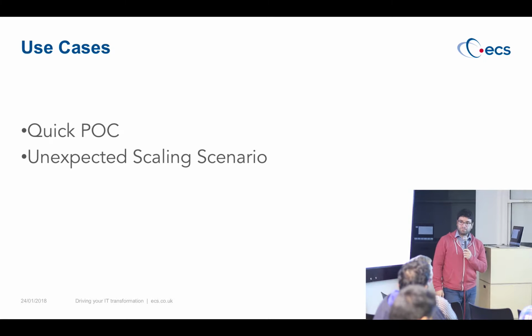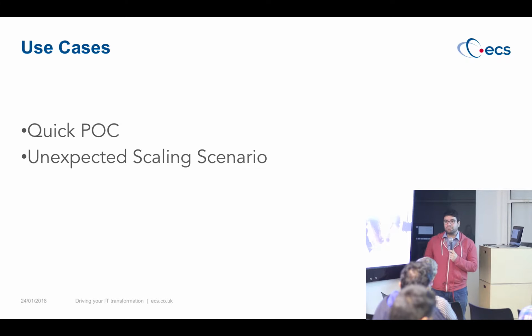Unexpected scaling scenario. This is the scenario of Monzo. The main idea of Fargate and EKS was that Monzo needed more power for the transactional engine. They really didn't know how much traffic they were going to get. So they resorted to a very experimental version of Fargate with EKS, and they're using it, and they were super satisfied.